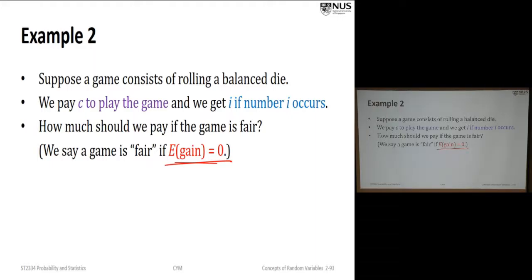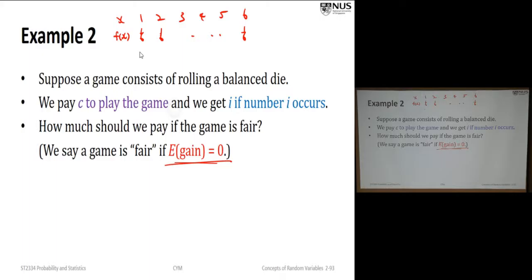So this x is the outcome of the die, and the probability is 1/6 for each one. Now, I have to pay C dollars in order to play the game. So if it turns out to be 1, then how much do I gain?